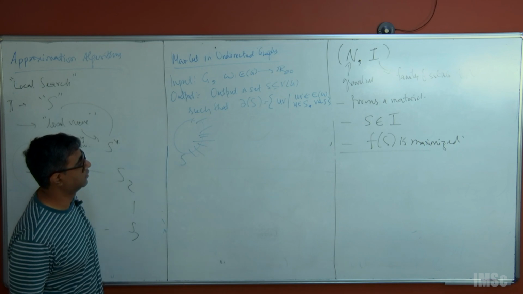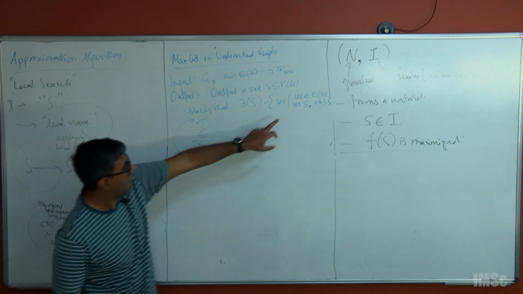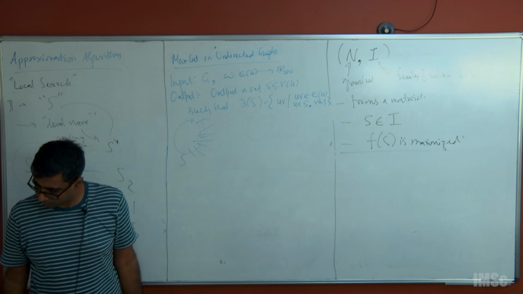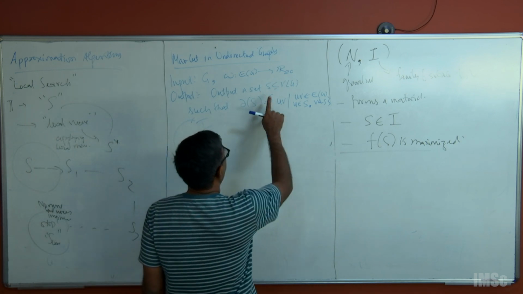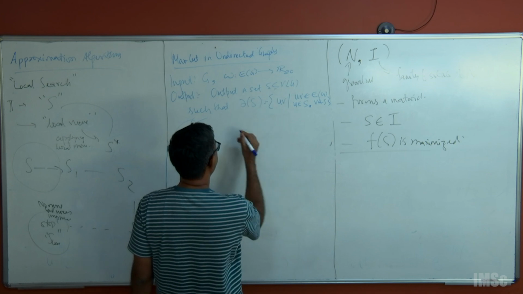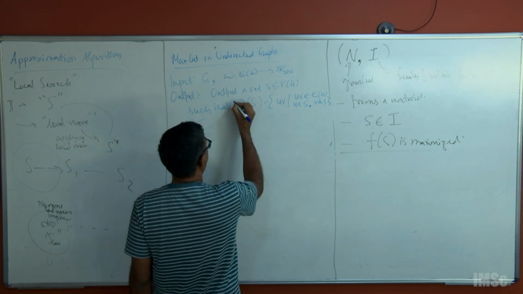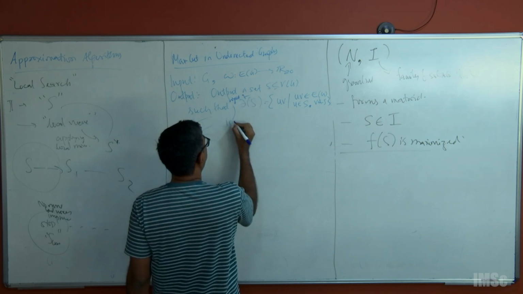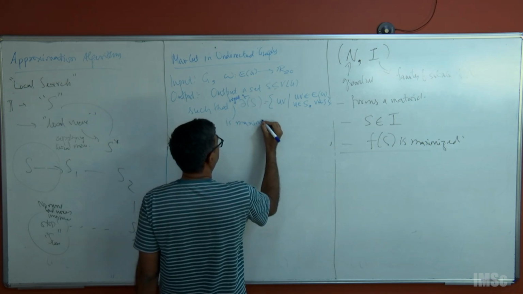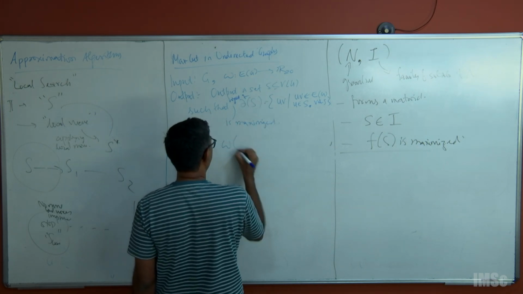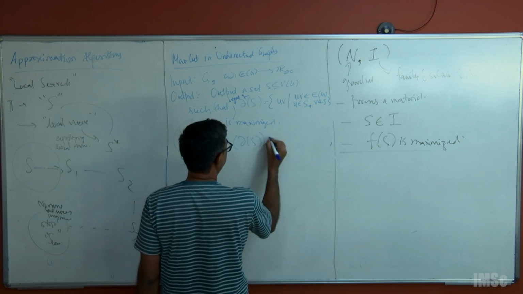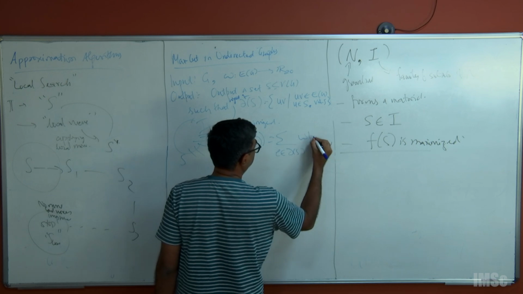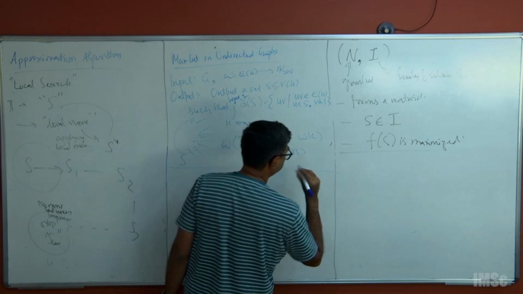UV is an edge, U is in S, V is not in S. Find a set S such that the weight of delta S is maximized. And how do I define the weight of delta S? You sum over e in delta S the weight of e. This is it.